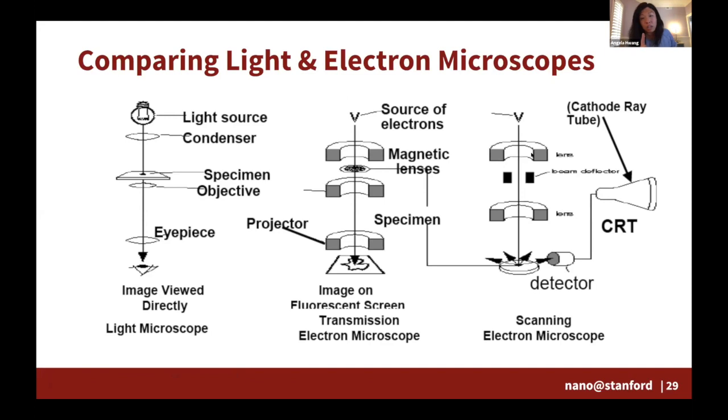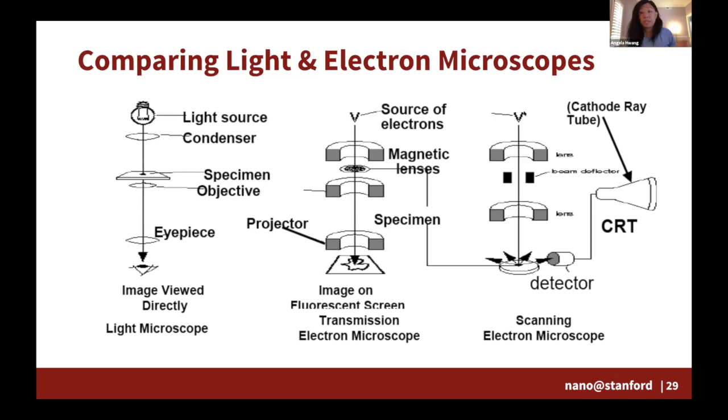And another interesting thing about electron microscopes is, in order to manipulate the beam, you're not using lenses made out of glass. They're actually made out of magnets, because electron beams are influenced by magnetic force. So the lenses are actually made out of magnets.